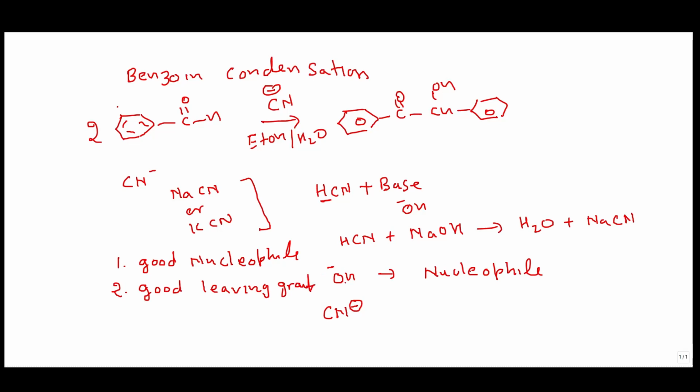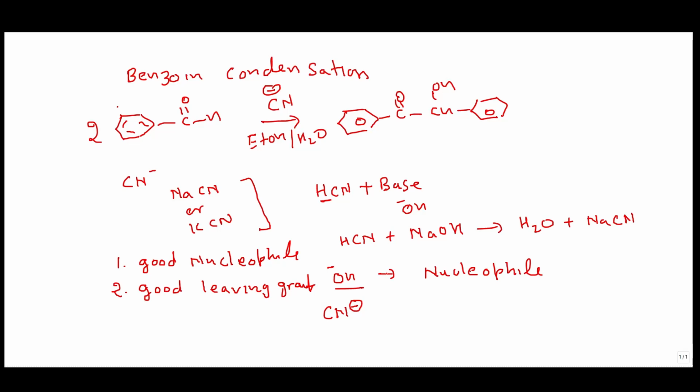Although OH minus is a stronger nucleophile, so it should attack where it should attack, it won't leave easily because OH minus is not a good leaving group. So cyanide ion has an advantage over OH minus: it is a good nucleophile and a good leaving group, but OH minus is a good nucleophile but not a good leaving group. So cyanide ion can catalyze the reaction, OH minus cannot catalyze the reaction.